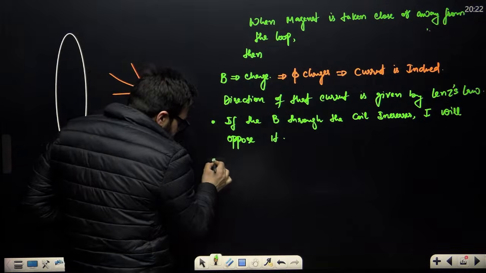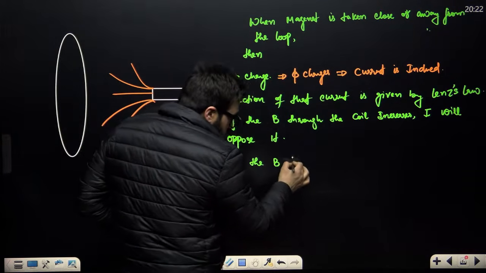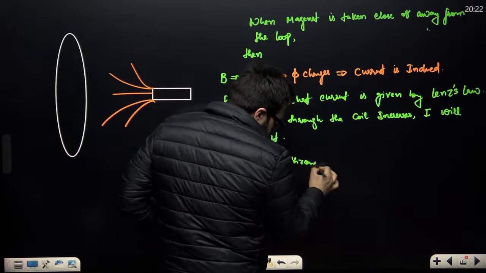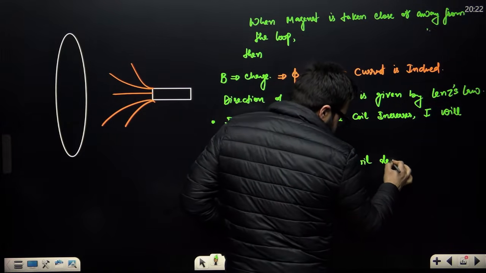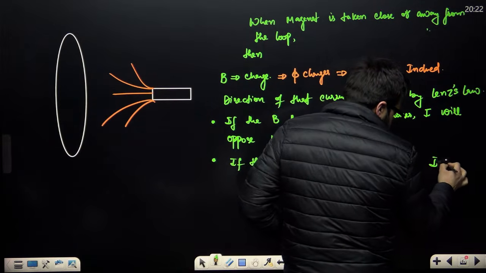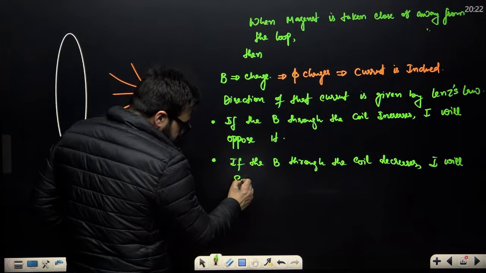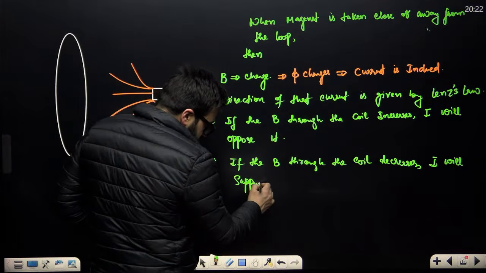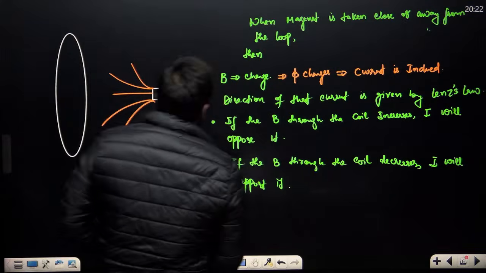And my dear NEET aspirants, if the magnetic field through the coil decreases, this current will support it. This is what we call Lenz's law.